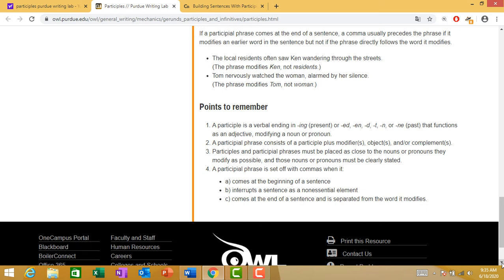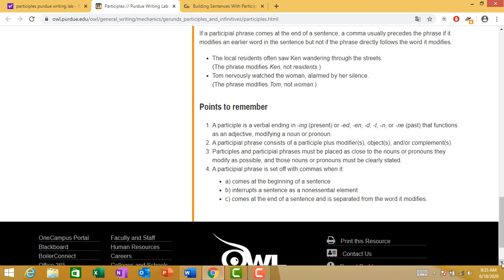A participial phrase consists of a participle plus modifiers, objects, and/or complements. Participles in participial phrases must be placed as close as possible to the nouns or pronouns they modify, and those nouns or pronouns must be clearly stated.